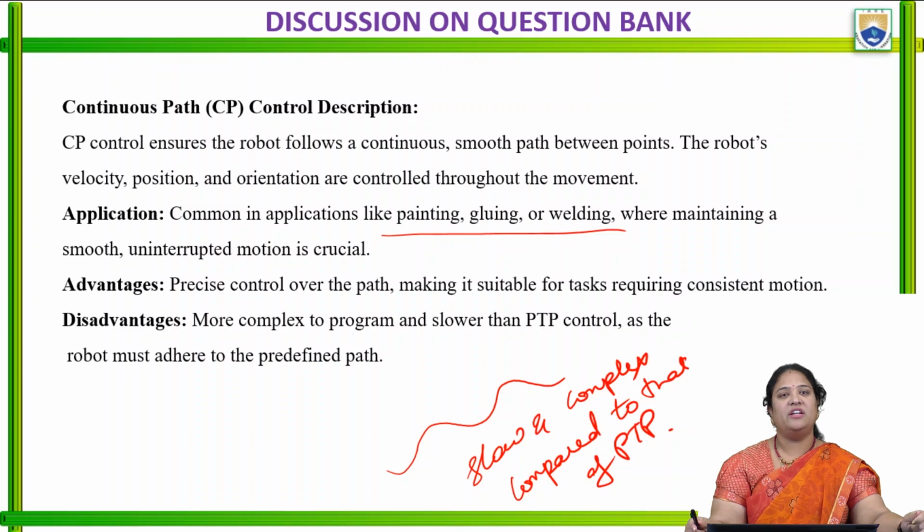One disadvantage of a continuous path control system is that it works slowly and the program is a bit complex compared to the point-to-point control system, in order to have a predefined path.